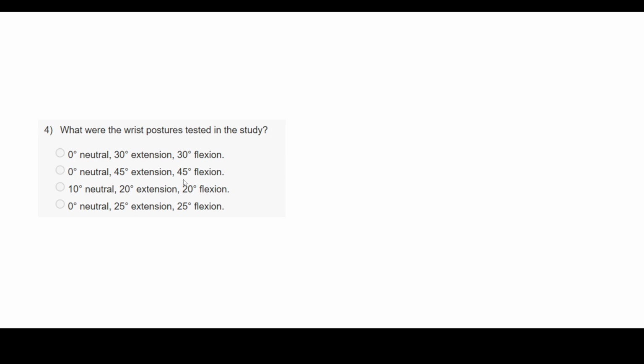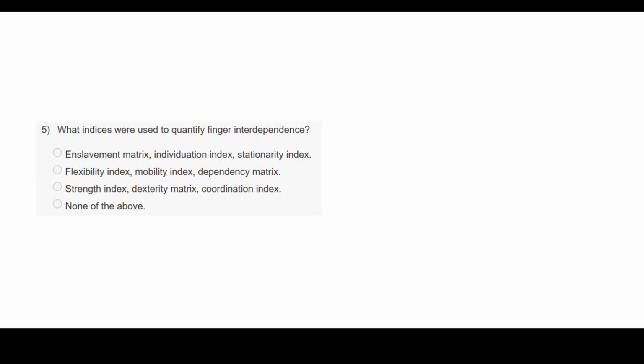What were the wrist postures tested in the second study? The answer is 0 degree, which is the neutral, 30-degree extension and 30-degree flexion. What indices were used to quantify finger interdependence?